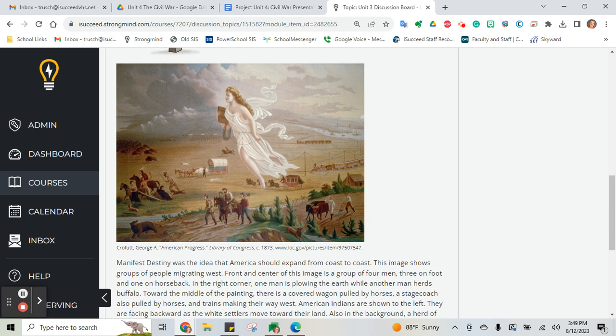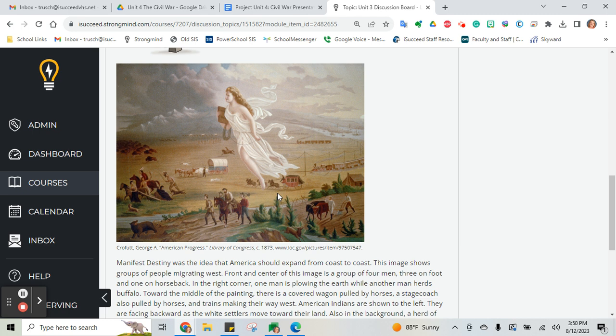Okay. And this is from the discussion that you're going to do about the Mexican American War right here. I love this picture and I love analyzing this picture. It's called American Progress, but it talks about manifest destiny and about how we really decided that it was our goal to be in charge of North America, and we as a nation were going to take over North America.